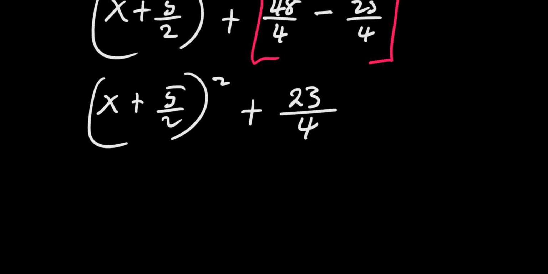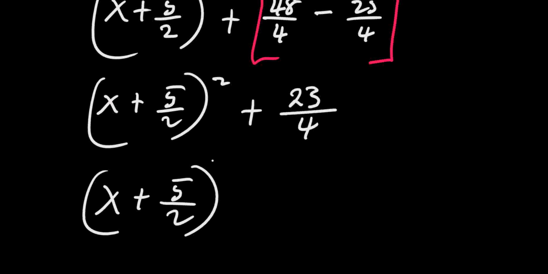So next we are going to take the square root of 23 over 4 and square that same value. So this will become (x plus 5 over 2) squared plus the square root of 23 squared. Sorry, 23, not 25.